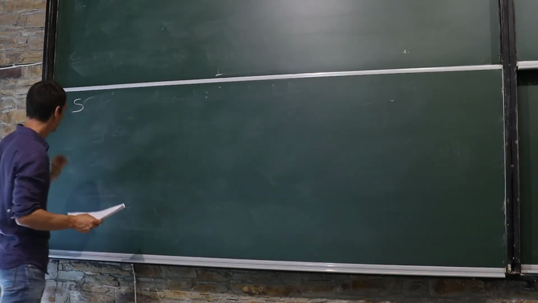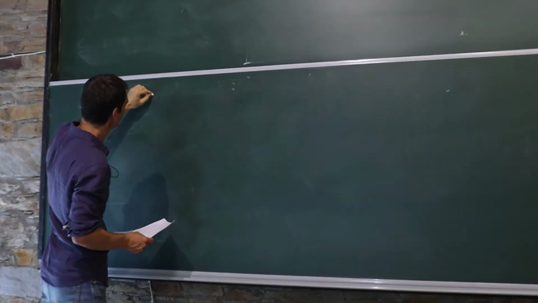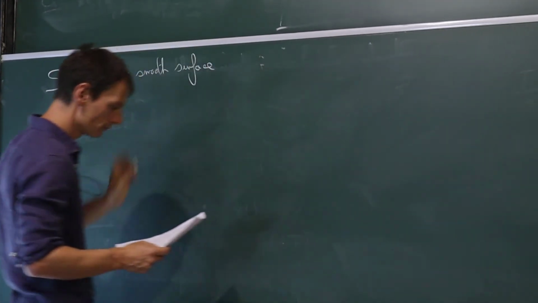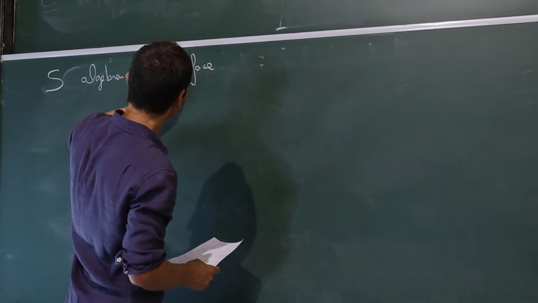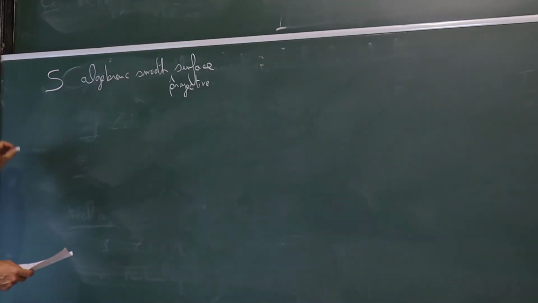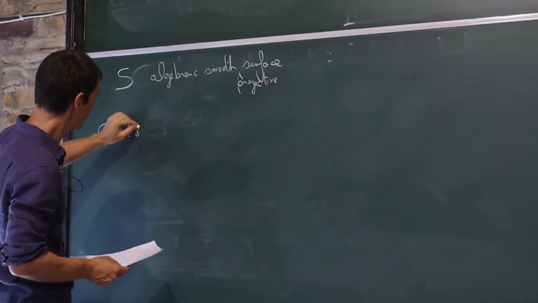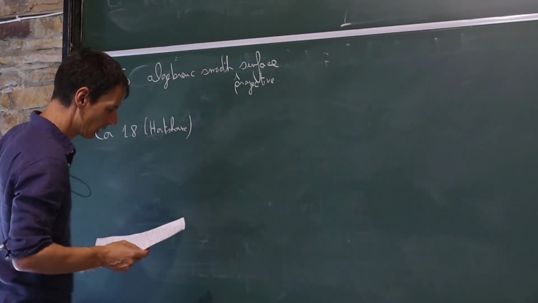Let S be a smooth algebraic projective surface, so dimension 2. I will refer to the book of Hartshorne, Algebraic Geometry, chapter 5, for some of the results. This is what is called corollary 1.8 in Hartshorne.